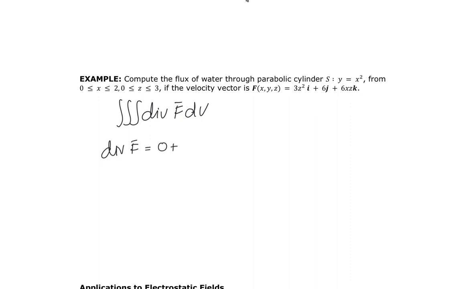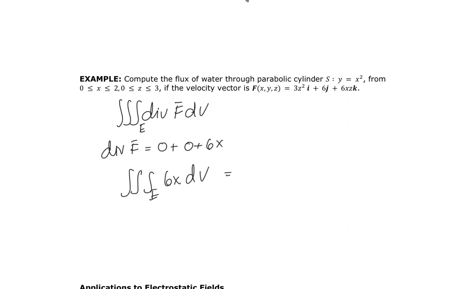That'd be nice, wouldn't it? And then 0, and then, that's unfortunate, it's going to be 6x. But not bad. This is one in which I don't have to do parameterization. So I'm just going to have this triple integral over E of 6x dV.